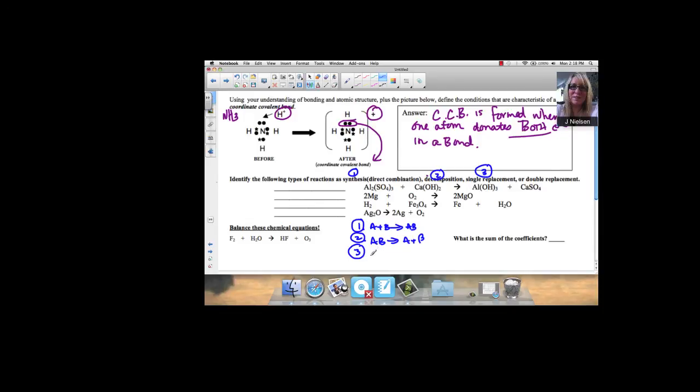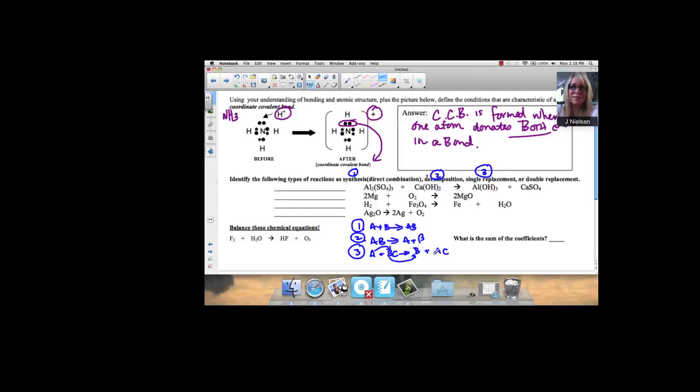So here comes A. Here's you and your significant other, BC. You're a couple. And A is extremely hot, and A is going to kick B to the curb. B winds up by itself, and A is now with C.